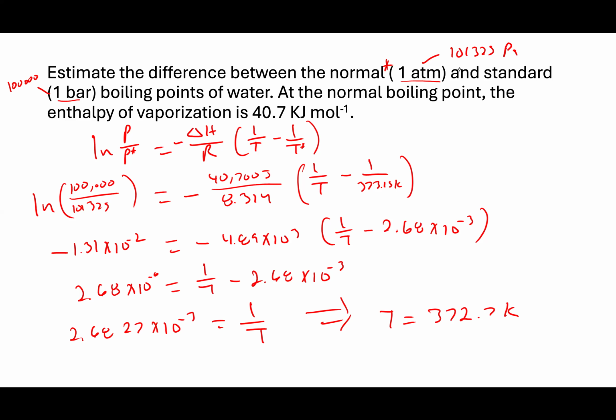So we basically changed the boiling point by 0.45 Kelvin. So our delta T here would be like 0.45 Kelvin. Which makes sense, because we only changed the pressure basically 1,000 pascals. So it's going to be a very, very small change in the boiling point. But this is how we would do it.